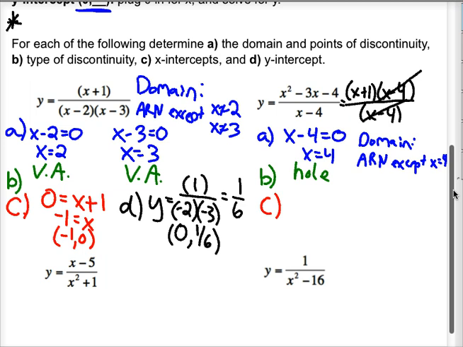So I only have to worry about setting the remaining piece equal to 0 because we know we can't use the other one anyway. So we get x equals -1 again. And that x minus 4 can't create an intercept because it is creating a point of discontinuity.